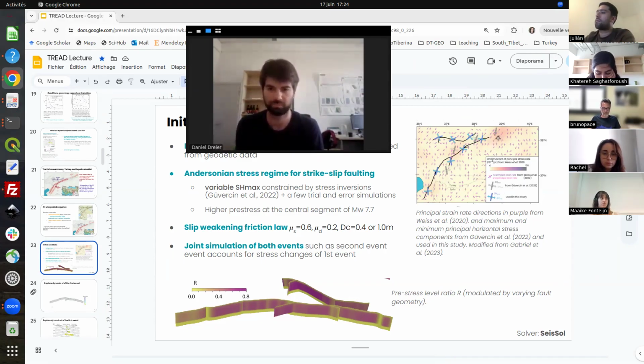So we use this information to prescribe the orientation of the stress field along the fault system. It doesn't perfectly match the data. In some areas, we rotate SHmax a little bit so it can reproduce the rupture characteristics that we observed. Yeah, that's cool, thank you.